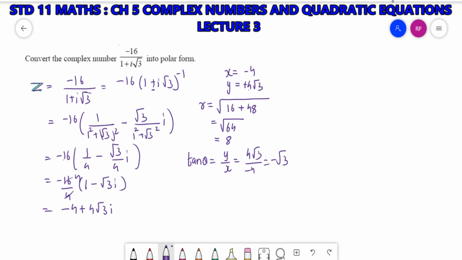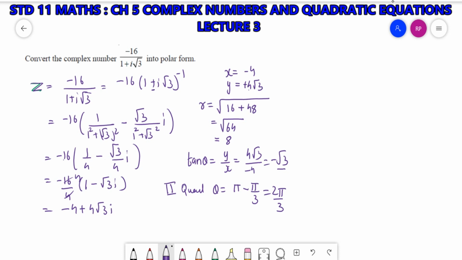Reason: y is positive, x is negative. So for the second quadrant, I will write theta equal to pi minus alpha. And when is the value of tan equal to root 3? Pi by 3. So pi minus pi by 3 will be equal to 2 pi by 3.